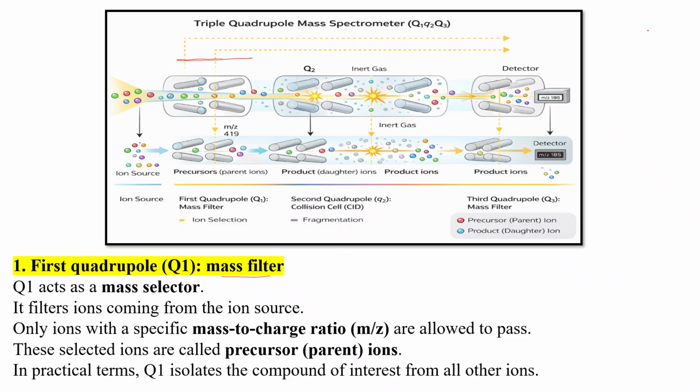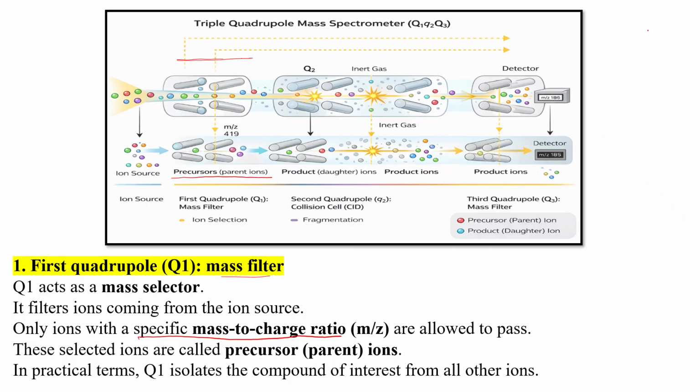अब इसमें क्या होता है कि जो आयंस एंटर होते हैं from the ion source, this is the source, आयन सोर्स से जब आयंस यहाँ पे एंटर हुए, that is Q1 में, तो जो आयंस स्पेसिफिक मास टू चार्ज रेशियो के हैं उन्हीं को अलाउ किया जाता है इसमें से पास होने के लिए। और ये जो सेलेक्टेड आयंस होते हैं इनको कहा जाता है प्रिकर्सर या पेरेंट आयंस। When the ions come from the ion source, they are filtered, and ions with a specific mass to charge ratio are only allowed to pass.